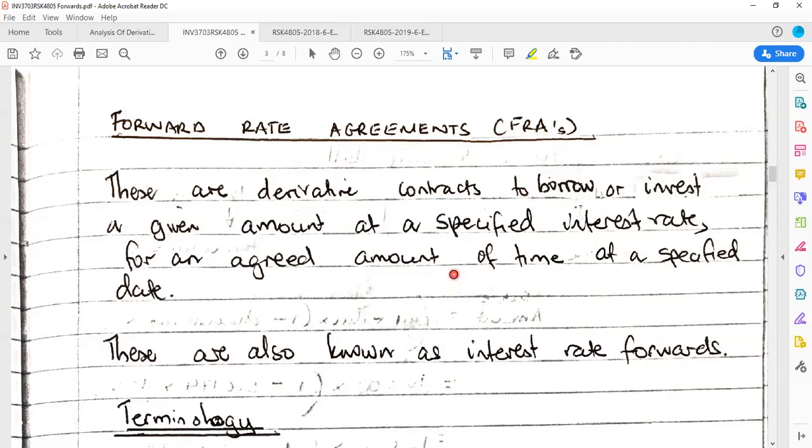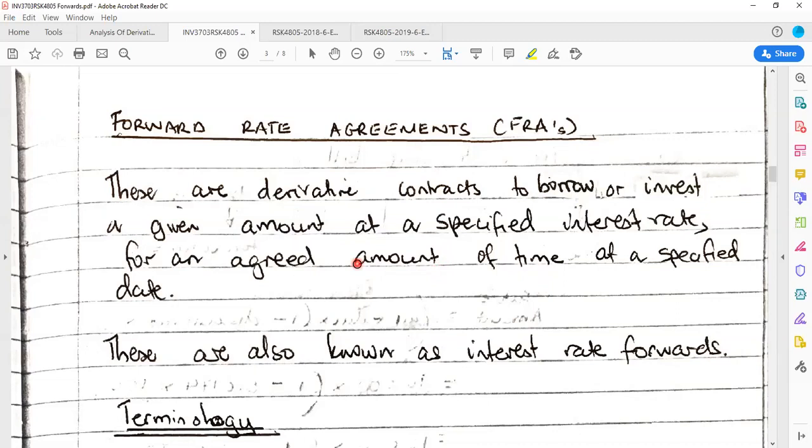Likewise, let's say you want to invest money in the future. You want to lend or invest money in the future, but you're afraid that by the time you want to do so, interest rates will have gone down. So you can enter into a forward rate agreement to make sure that the interest rate you're going to receive is guaranteed, right?